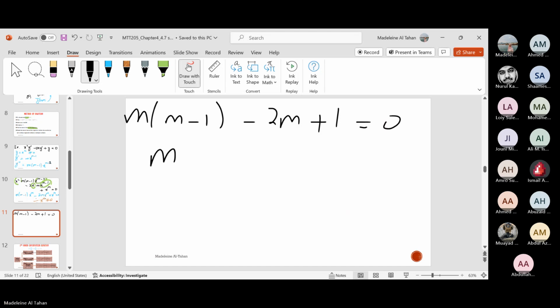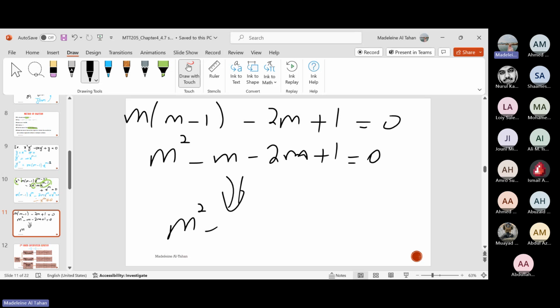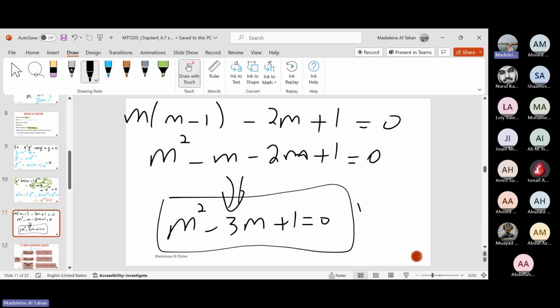Expand: m squared minus m minus 2m plus 1 equal to 0. It means that m squared minus 3m plus 1 equal to 0. And this one will be our auxiliary equation. Then, this is the auxiliary equation.